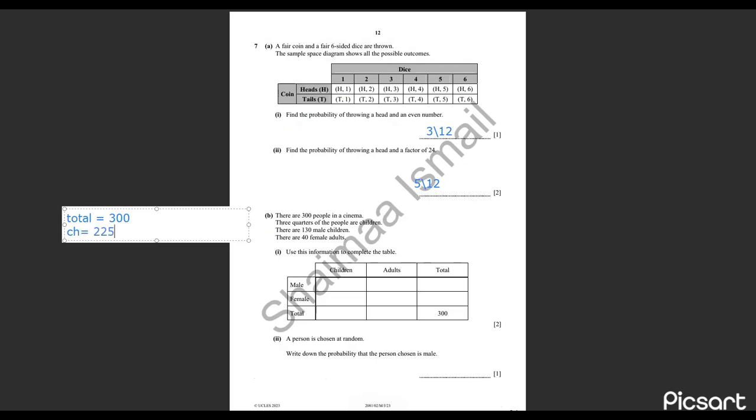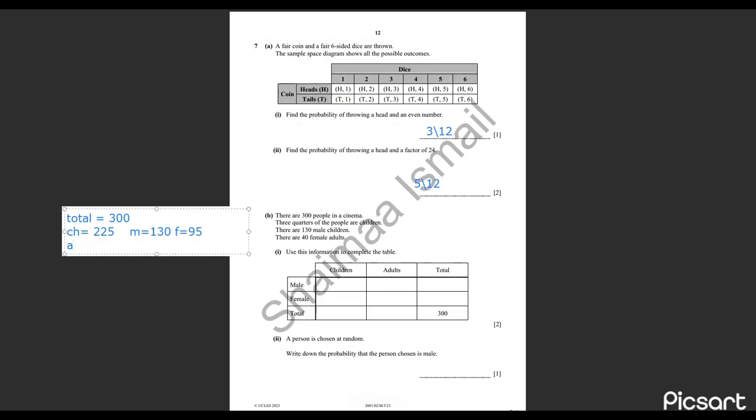And there are 130 male children. From these children, male is equal to 130, so the female will be 225 minus 130, equal to 95. And there are 40 female adults.